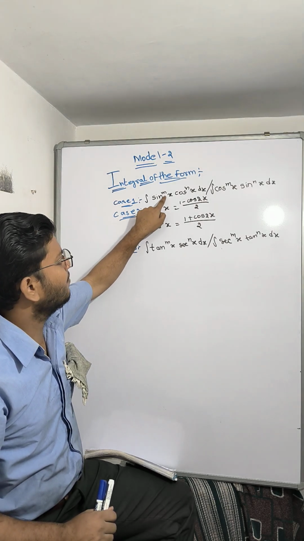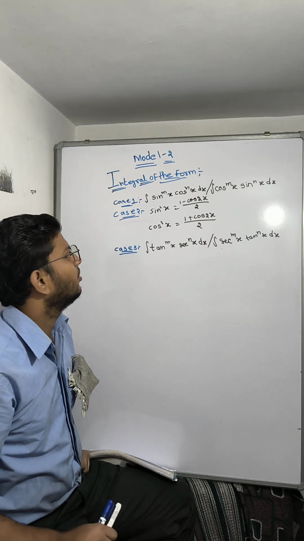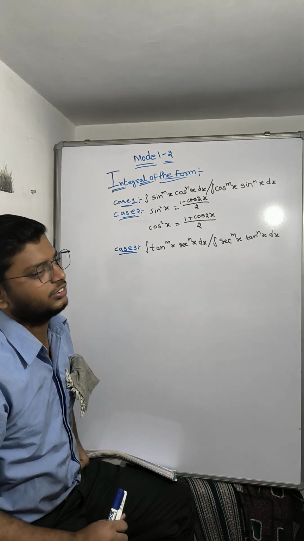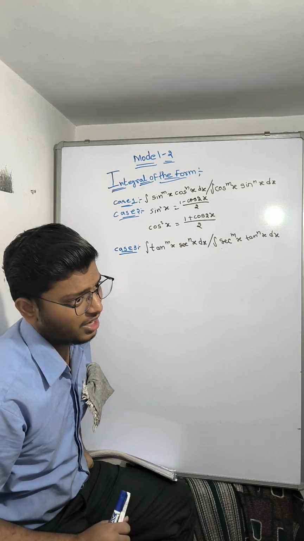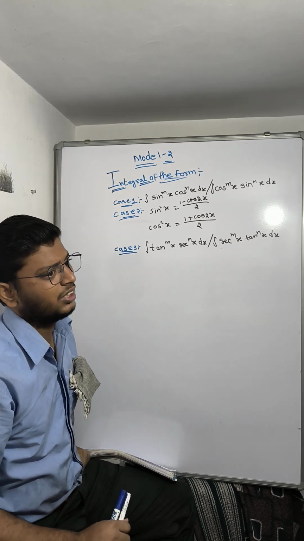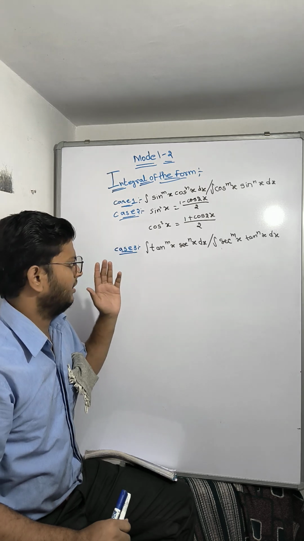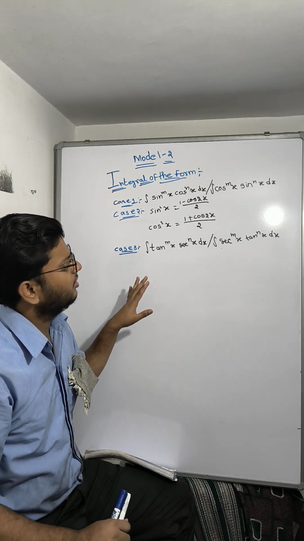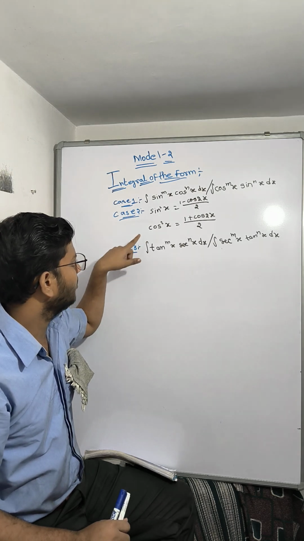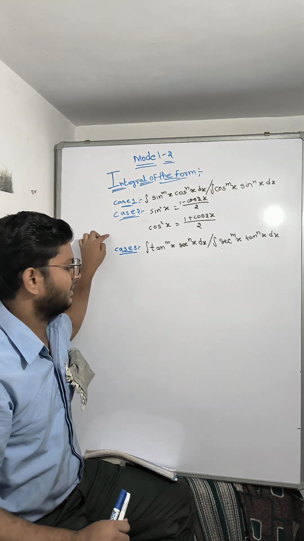If m and n are positive integers, where m is equal or not equal to n, there is a condition. I will now write the conditions of each and every case.